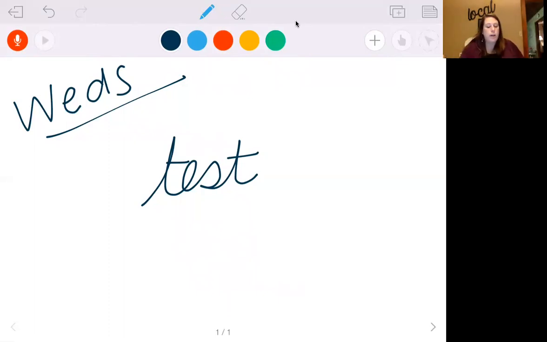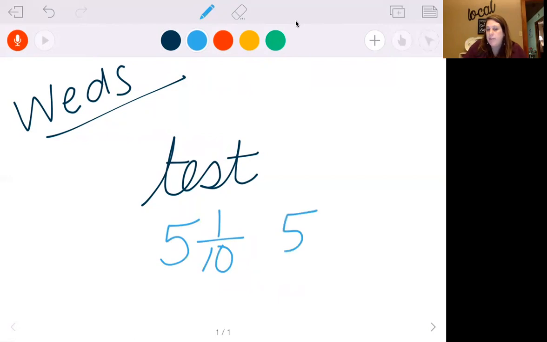So the first ones, 1 through 4, I give you a fraction and you write it as a decimal. There is one I want to go over with you real quick. If I gave you something like 5 and 1/10 and I ask you to write that as a decimal, I would put my 5 as my whole number, put my decimal.